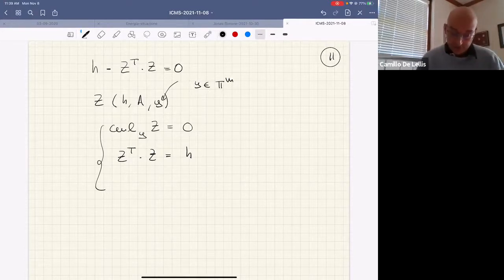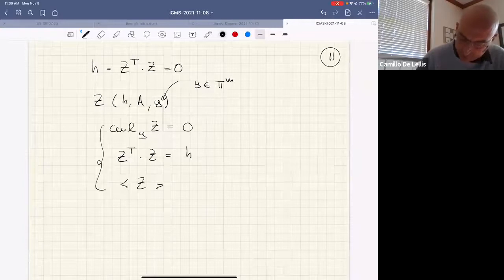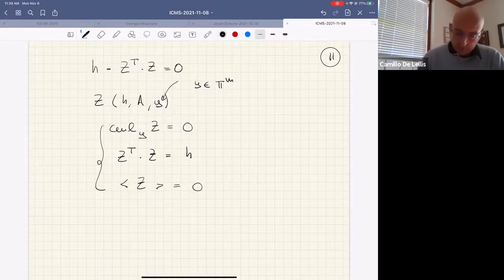And in order to do that, not only do I have to solve that the curl of z is equal to 0, but I also have to accommodate the condition that the average of z is equal to 0. So in a sense, what I'm looking for is a multi-parameter family of PDEs: this curl of z is equal to 0, and this z transpose times z is equal to h.